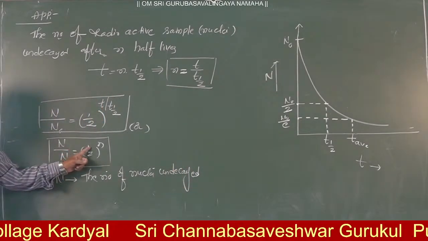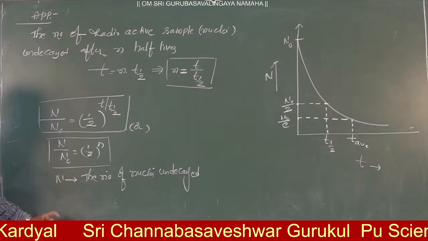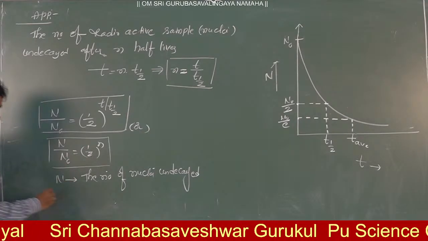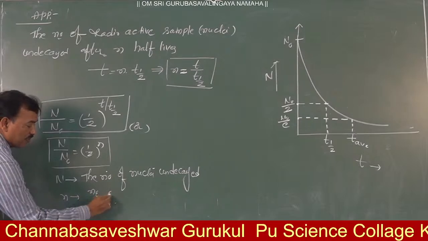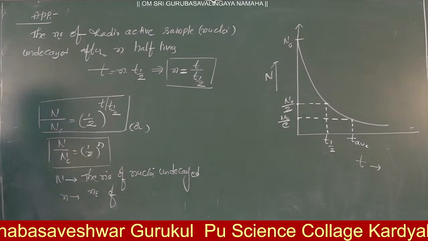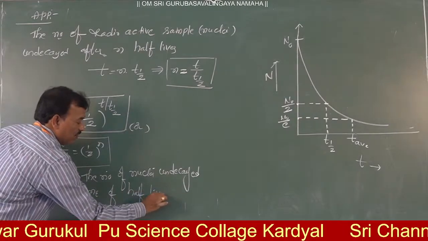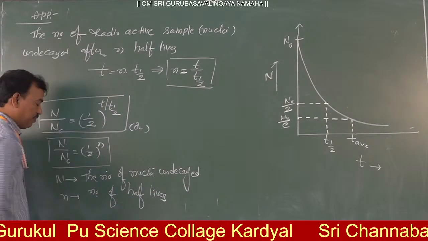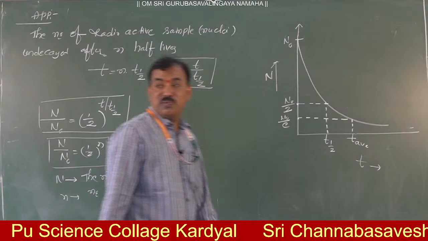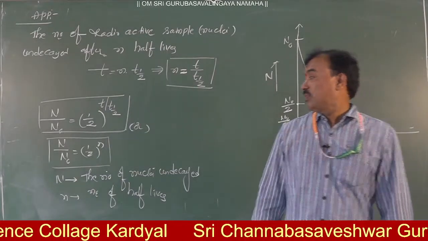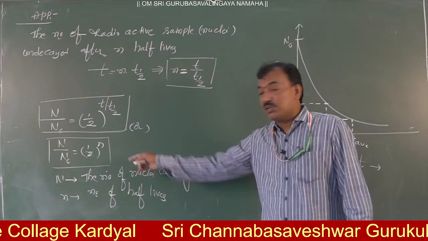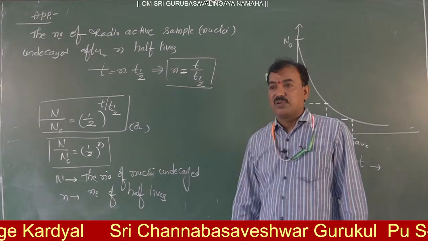Again next, small n is equal to the number of half lives. The N0 is equal to the initial, please note down.